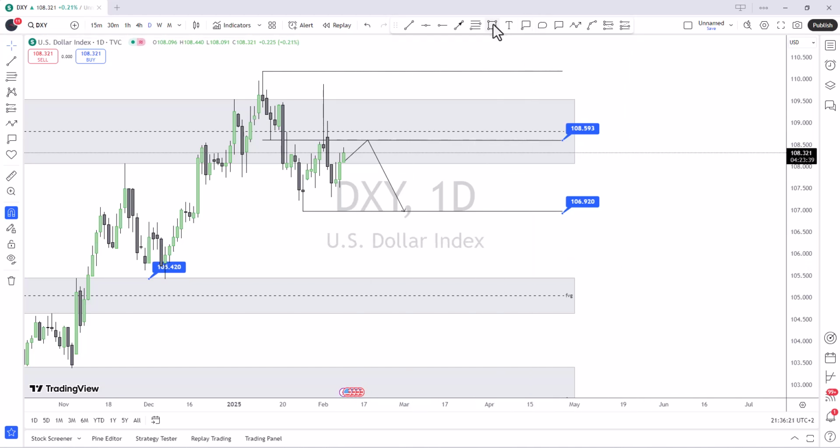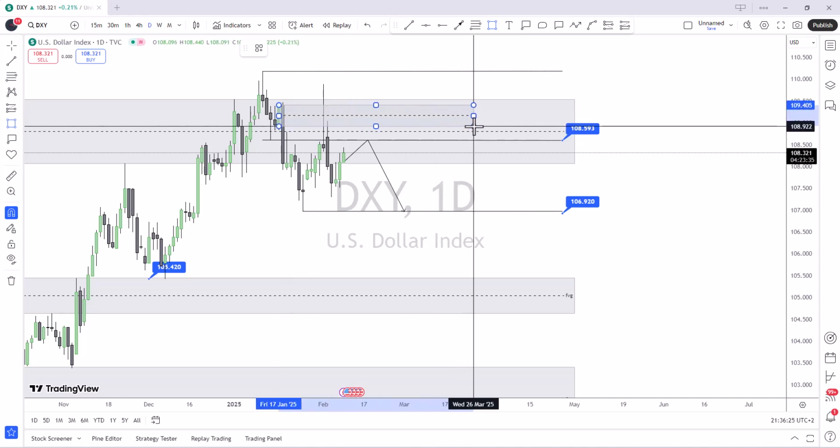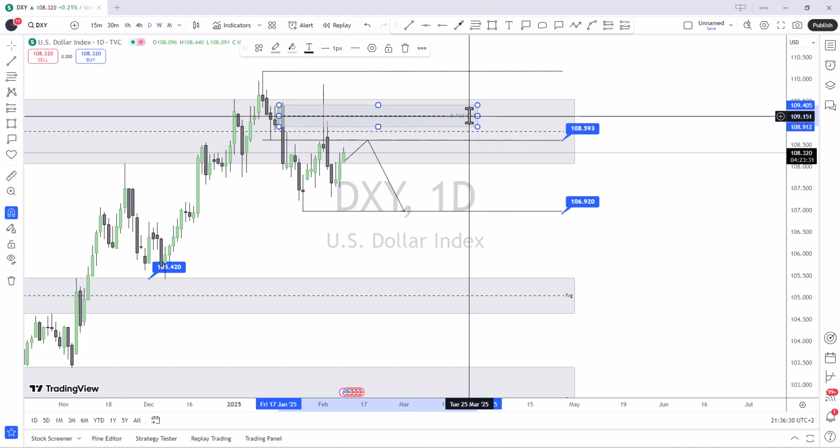So there's going to be times when price might extend the rally. You see, we've got this daily bearish order block, this D1 OB, bearish OB.